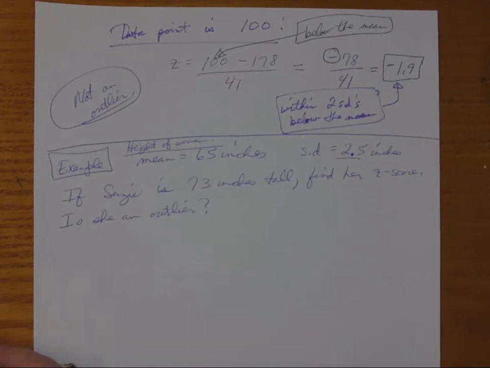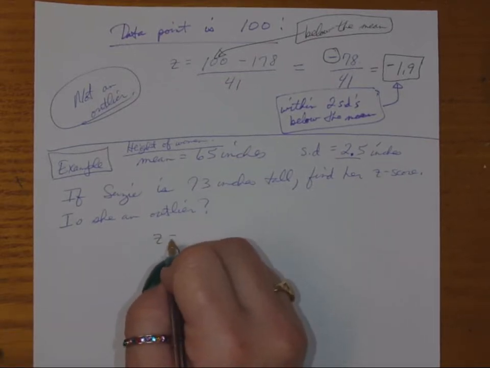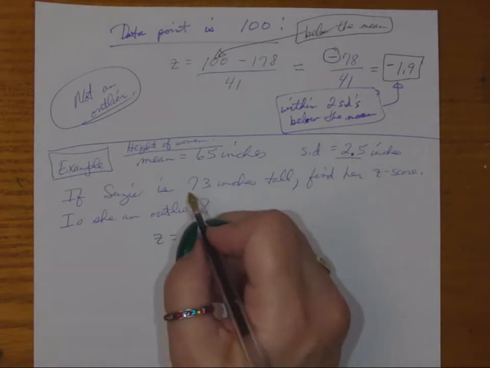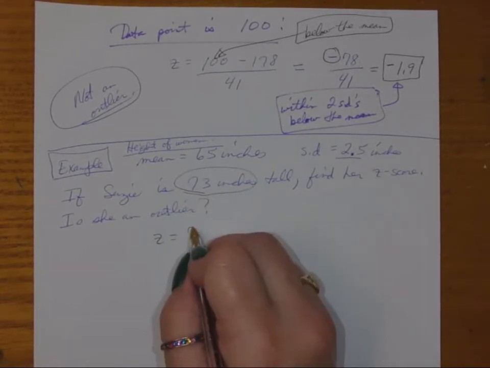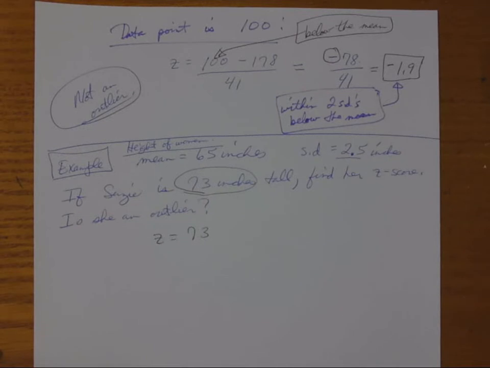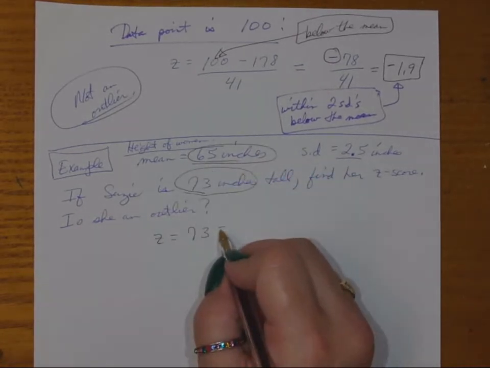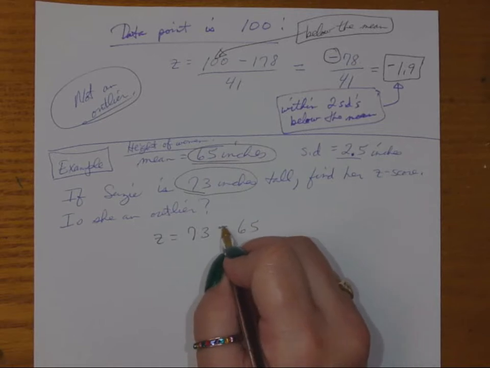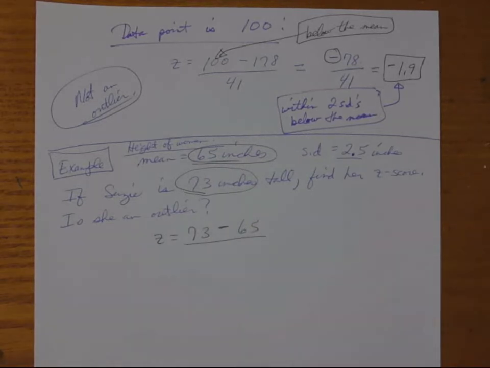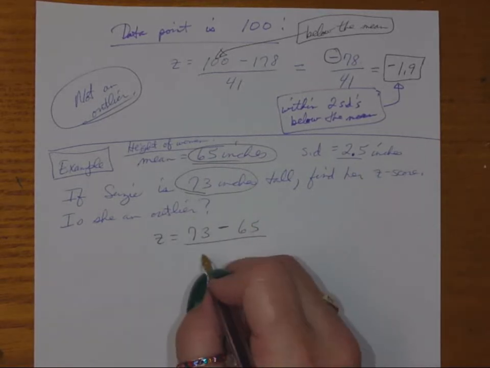Okay, so let's find our z-score. That's the first thing. Well, z equals the individual data point, which in this case is Susie's height, which is 73 inches, minus the mean or the average height, which is 65. Divide by the standard deviation, which is 2.5 inches.